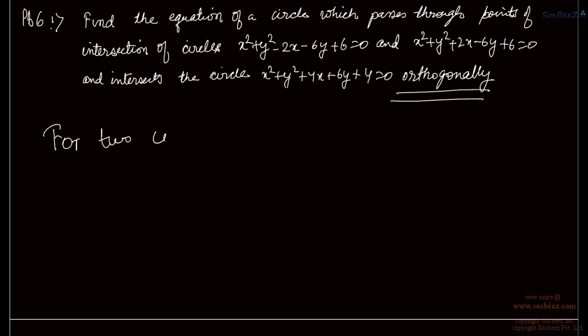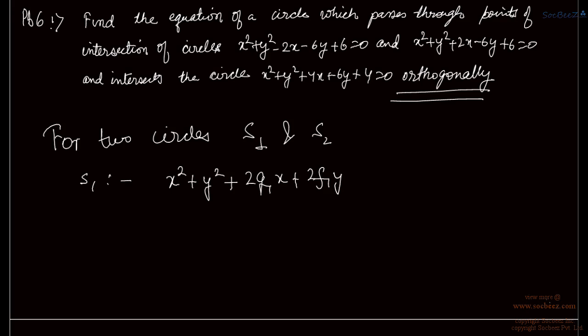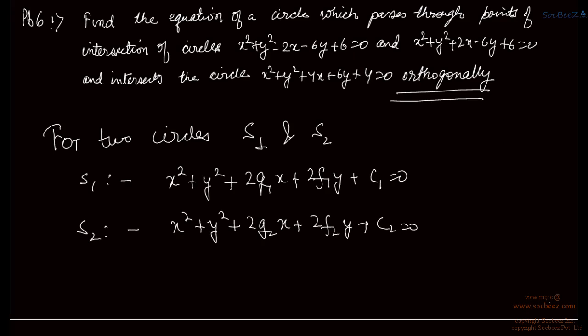For 2 circles S1 and S2, say equation of S1 is x square plus y square plus 2g1x plus 2f1y plus c1 is equal to 0, and equation of S2 is x square plus y square plus 2g2x plus 2f2y plus c2 is equal to 0.